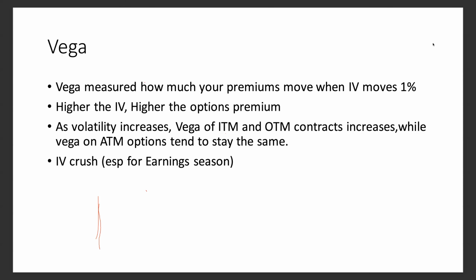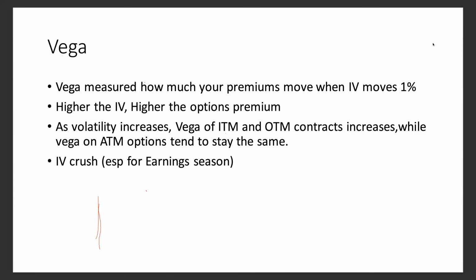And there is a Greek which is going to tell you exactly how much your premiums are going to go up or down for every percentage move in IV, which is implied volatility. That Greek is Vega. And when you open your option chains, you'll see this thing called Vega in there, followed by implied volatility, which will be in a percentage tab.